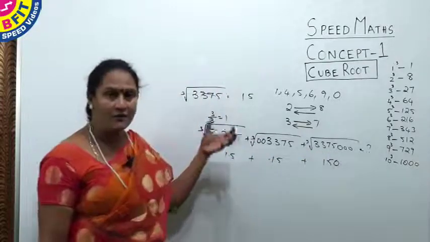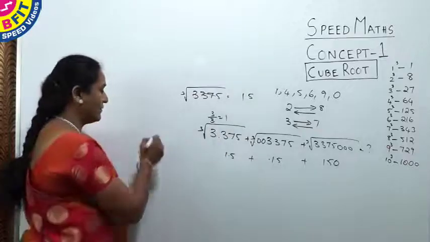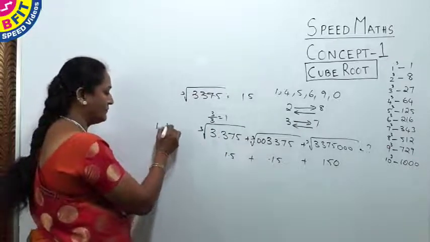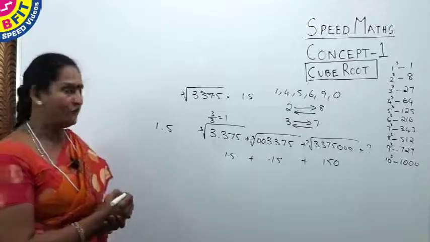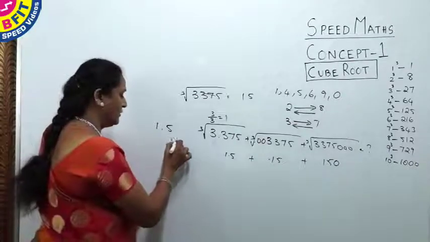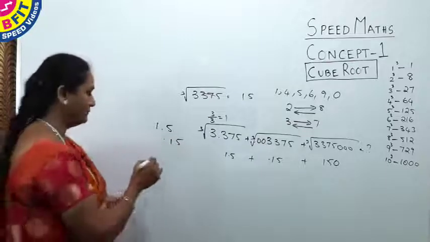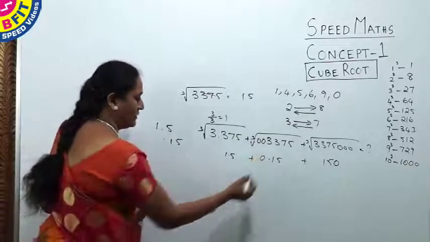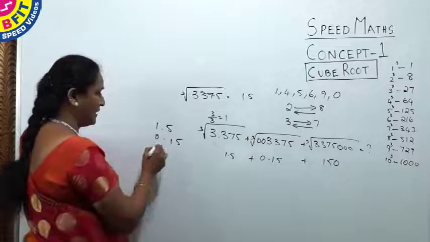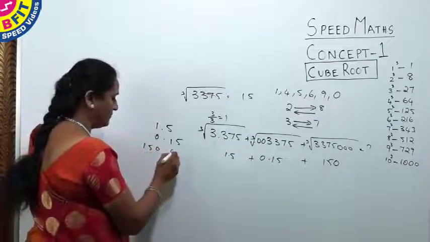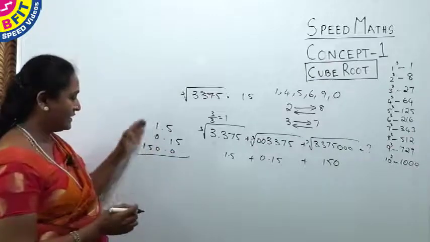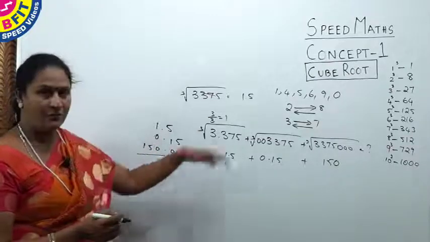So now we have to add the numbers. When you are adding the decimals, you see that the decimals fall in the same line. So 1.5, 0.15, and you can add a 0 here, and now it is 150. So placing the decimals in a straight line, we can do this addition.